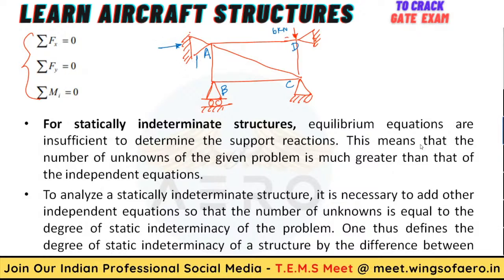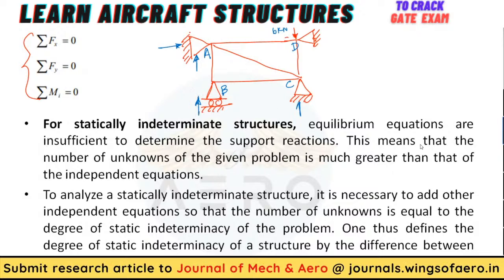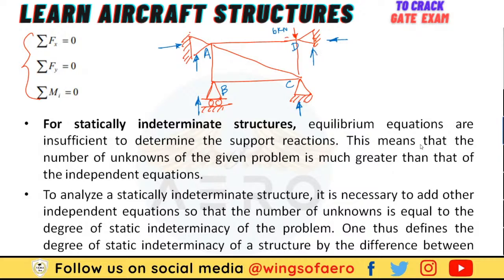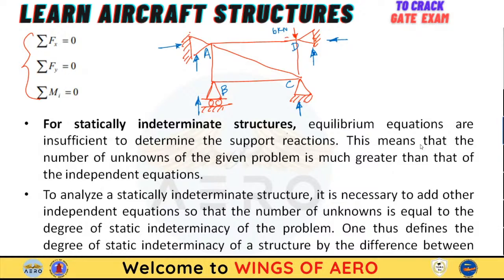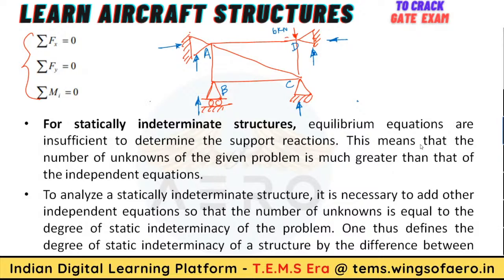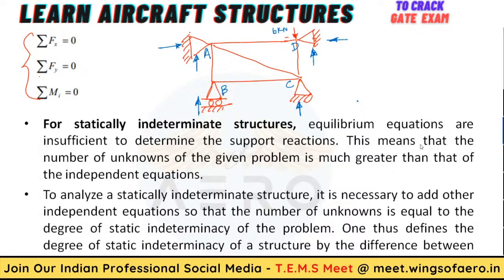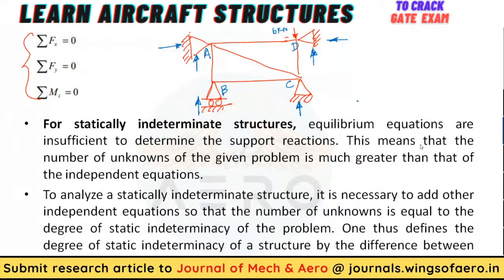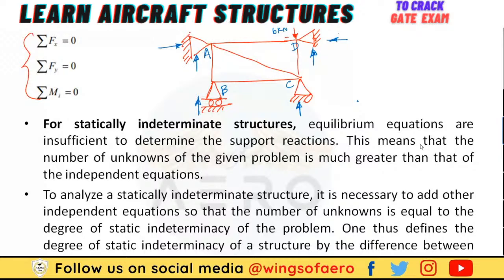Here one force will act, vertically upwards, here also vertically upwards, and here one force. What is the number of supports? 1, 2, 3, 4, 5, 6. We have 6 supports, and we have to find the 6 support reactions using only these formulas. If you are unable to find some of the support reactions, then we need to consider that this particular structure is an indeterminate structure.